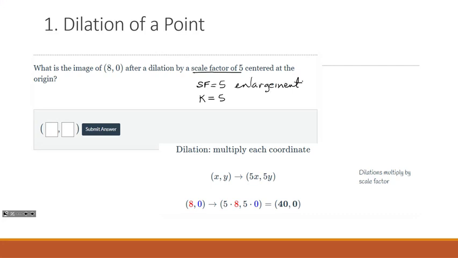Means that it's going to get bigger, okay? So whatever this x, whatever this 0 is, we are going to multiply them by 5. So 8 times 5 is 40. And 0 times 5 is what? 0. And as you can see, that is the answer right here.